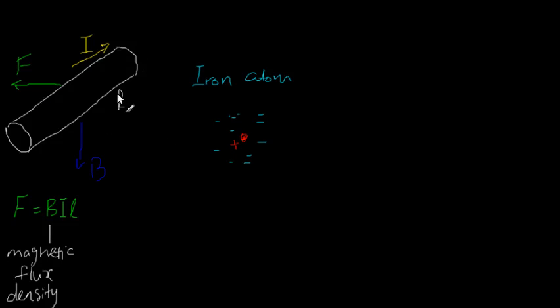And in a piece of iron, in fact in any metal, each atom, in this case each iron atom, would have one electron near the outer part of the atom that can come free of the atom, that can move away from the atom and move around.